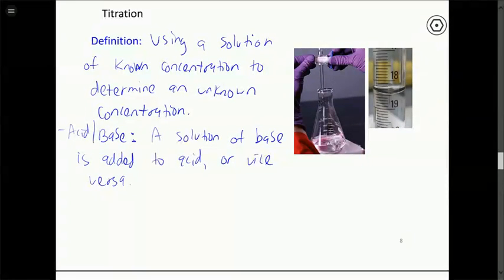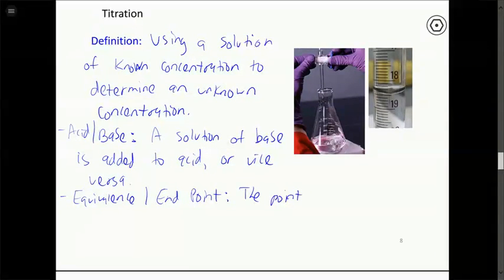Another definition to be aware of is the equivalence point or endpoint. So this is really what we're trying to strive for in a titration experiment. It's the point at which the moles of hydroxide that we've added, so we're mixing an acid and a base.